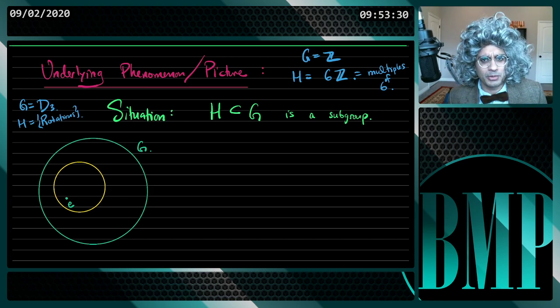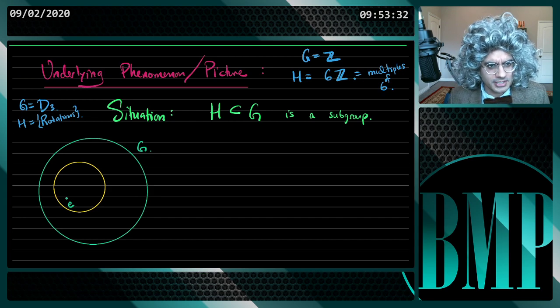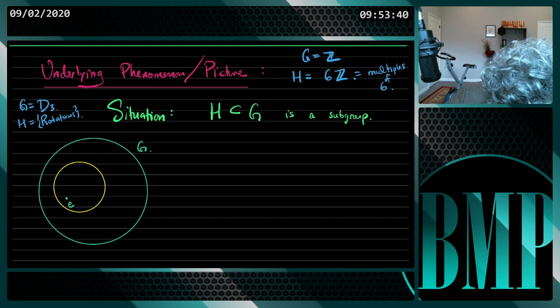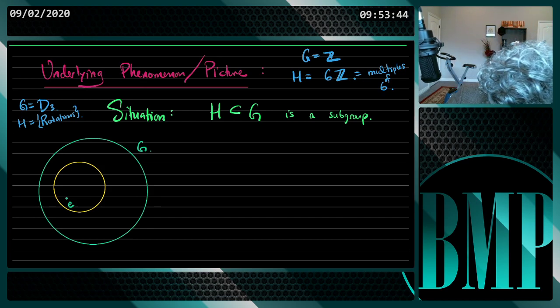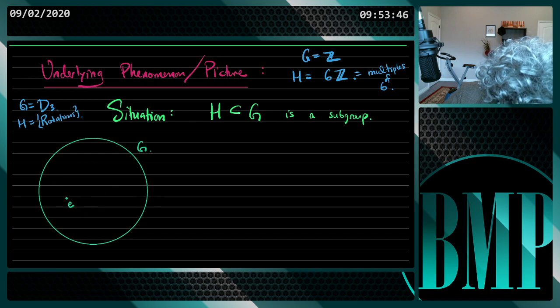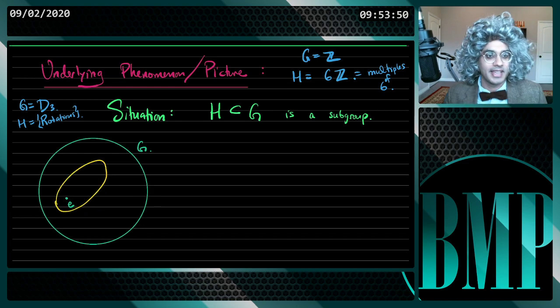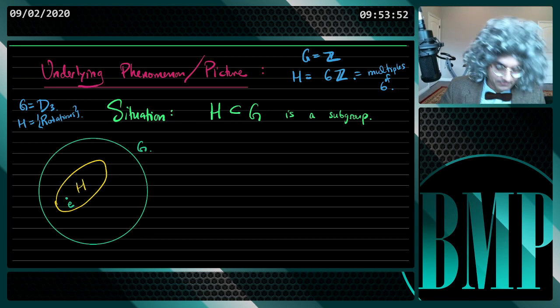This is actually a terrible drawing, because I'm about to draw something that I can't do with circles. Maybe Smash Time Fools will be able to do this, but I can't really tile this big circle by smaller circles. But Smash Time Fools knows how to do this very well. So I'm going to draw just some vague blob. So this is a subgroup, H.